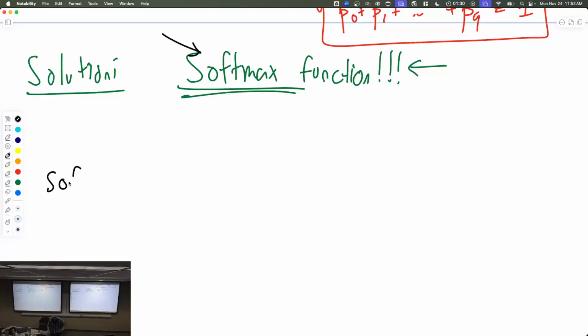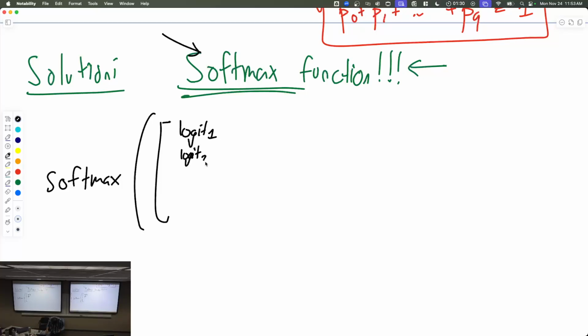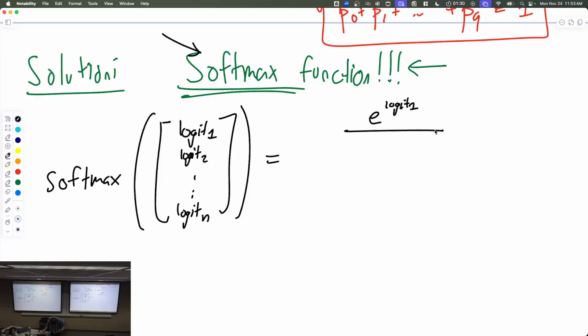So the softmax of logit 1, logit 2, all the way up to logit n is equal to this: you do e to the logit 1 divided by the sum, e to the logit 1 plus e to the logit 2 plus ... e to the logit n.